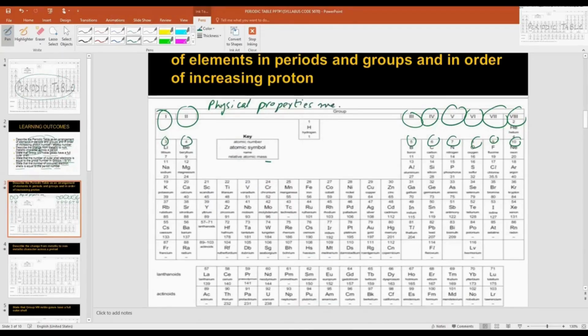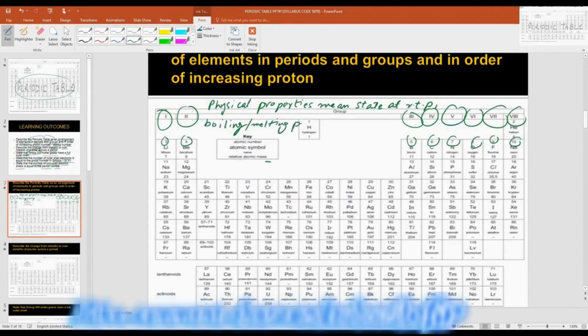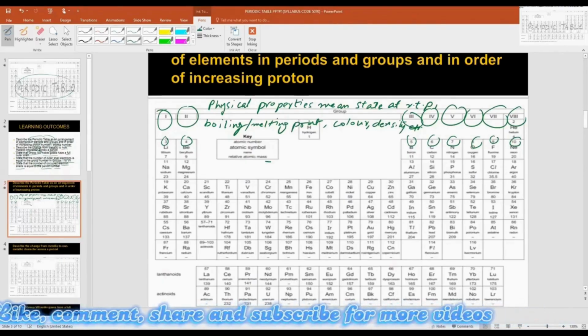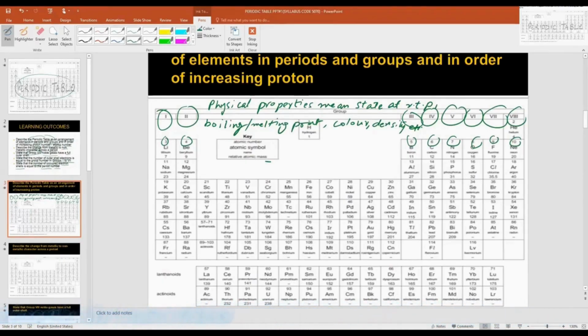Physical properties mean state at room temperature and pressure, boiling point, melting point, color, density, etc. And the chemical properties mean the way elements react to form new substances like elements and or compounds.